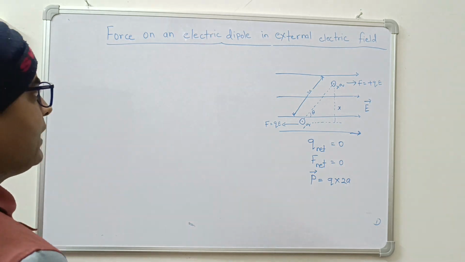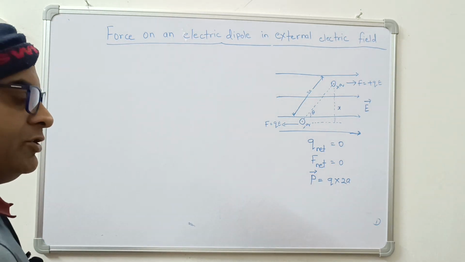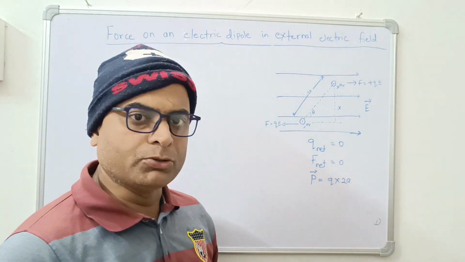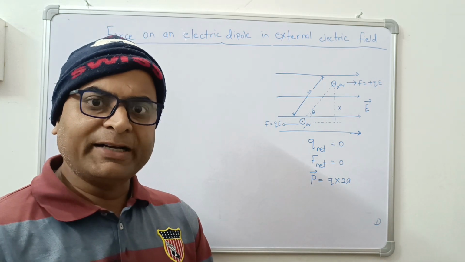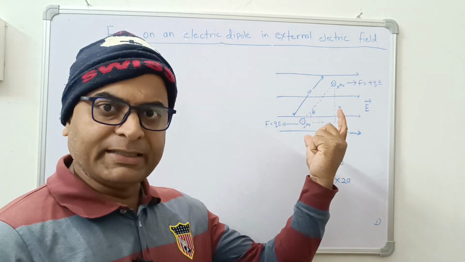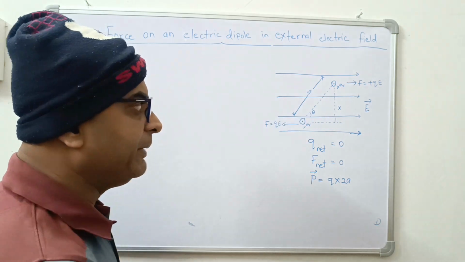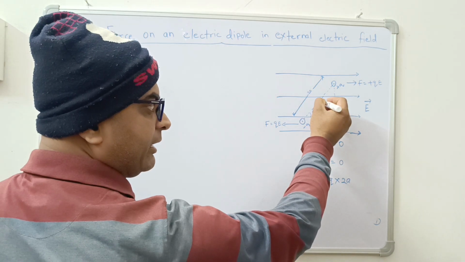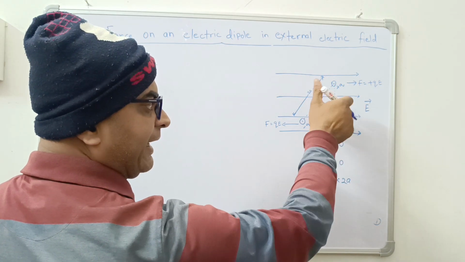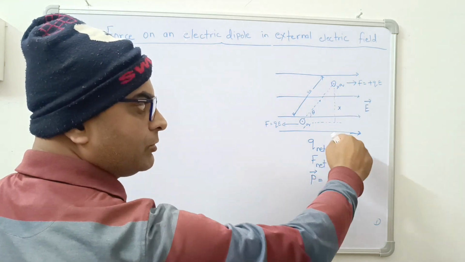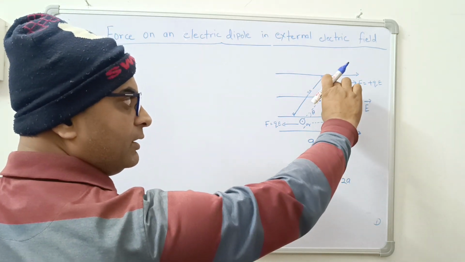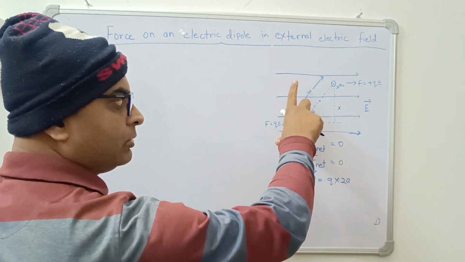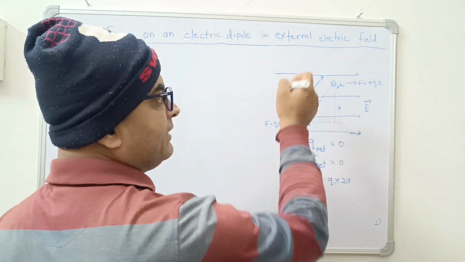Now, as you already see, the electric field is uniform and the net force acting is 0. This is the perfect condition where torque will be acting on the dipole due to these charges. About the center of the dipole, a force will try to move this dipole in this direction, whereas the negative charge will try to bring it in this direction.